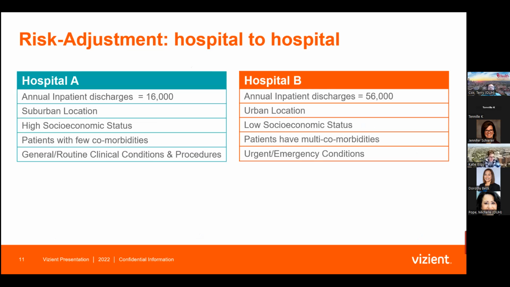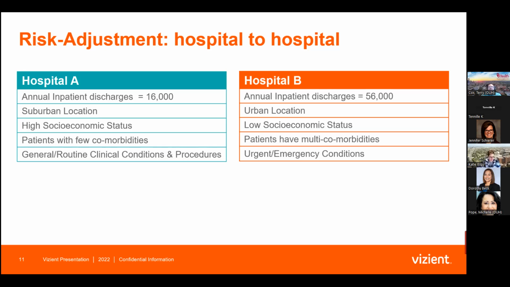But as you review the profiles of these two hospitals, you see that some factors were out of the control of your hospital. So hospital A probably has the features of your Edmond Center, a community hospital, smaller patient population. Usually they come in for routine procedures.